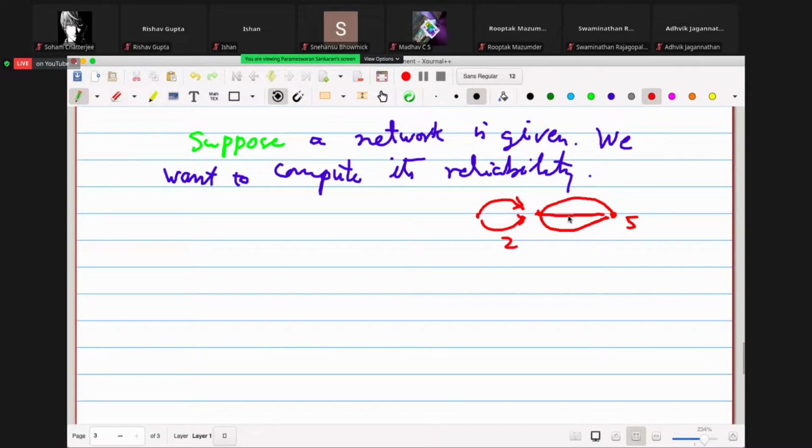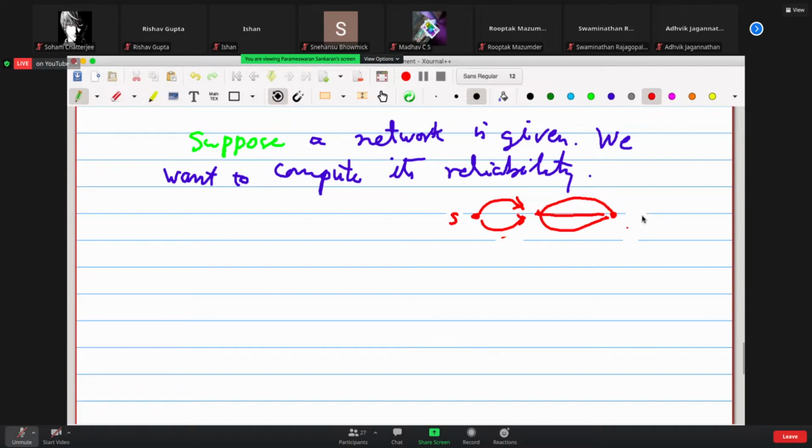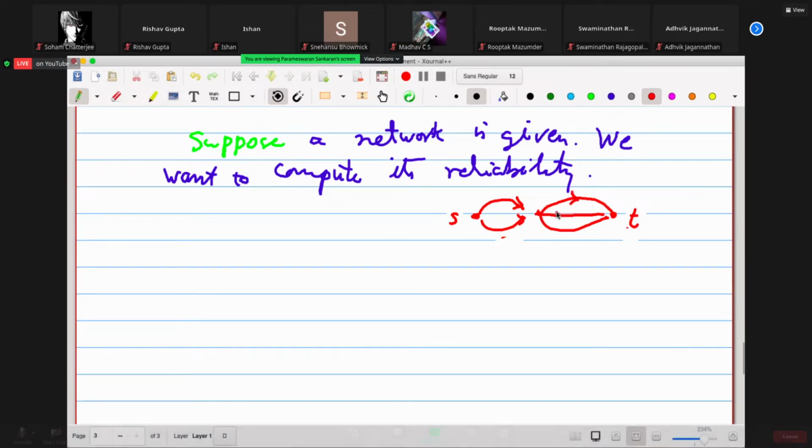So essentially there are 6 paths from S to T. Everything is going this way.